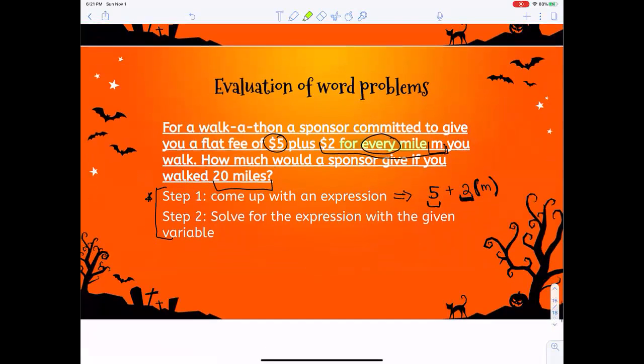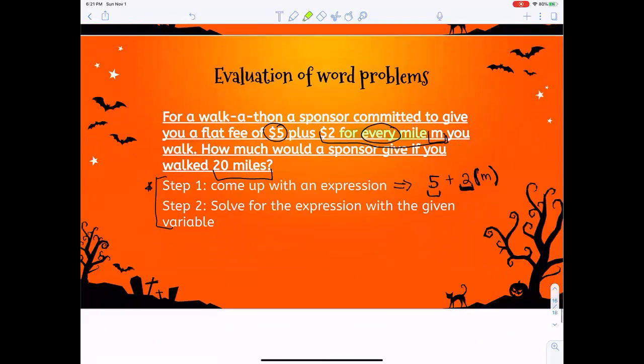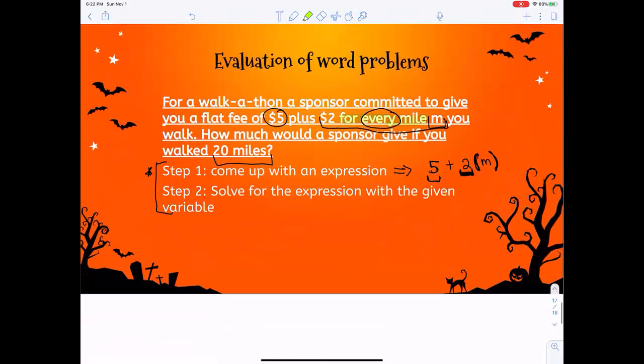So I came up with this expression. I have 5 plus 2m, or 2m plus 5, whatever you want to think about it. So I like to have my variables first. So I'm just going to rewrite it down here. 2m plus 5.